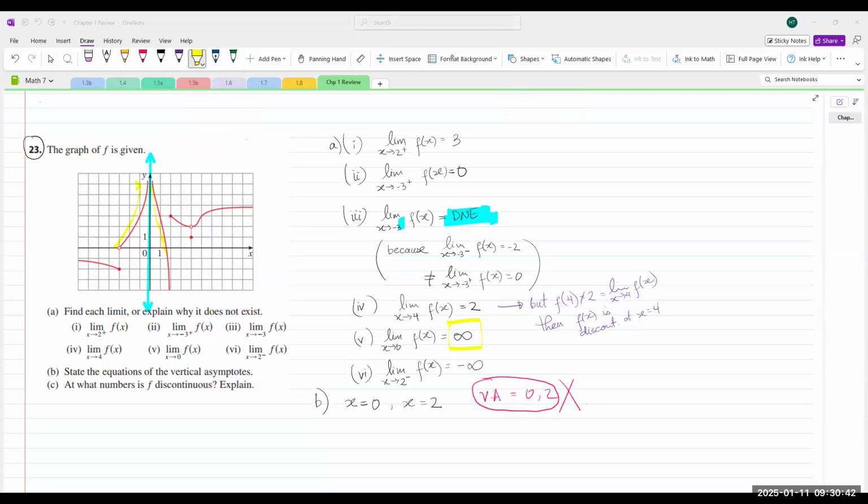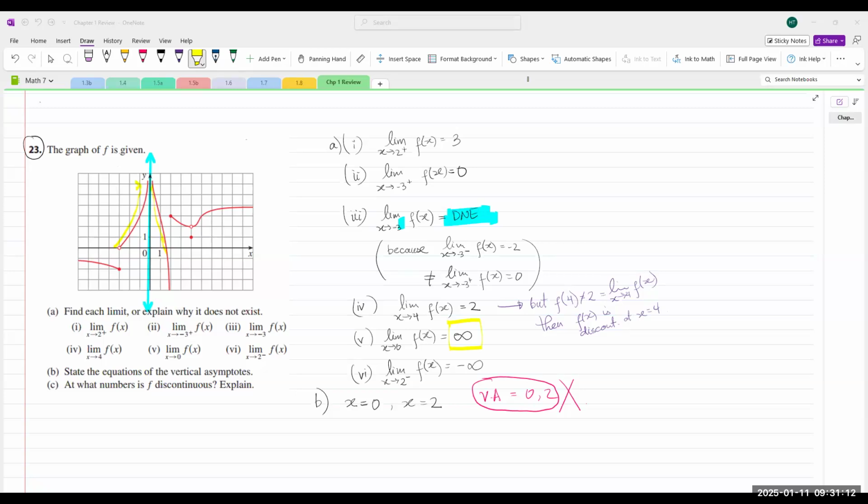Since there's a hole there, there is no function value, we are not counting that point. Not because there's a positive sign or negative sign. It's just that when it comes to limit, we never count at that point. We just go close to it, but not necessarily equal to.